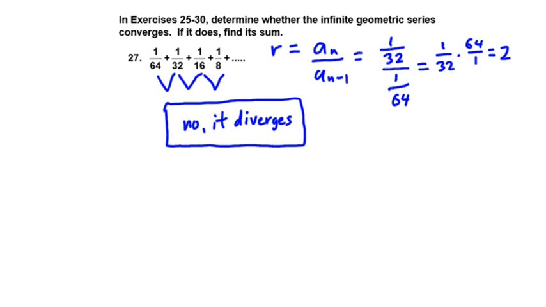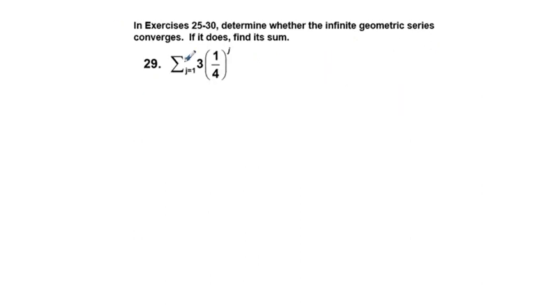Next we go to problem 29, and in this case we're given a sigma notation, which I think we could put in our calculator, similar to the way we worked on problem 23. But here, our R value is equal to 1/4.